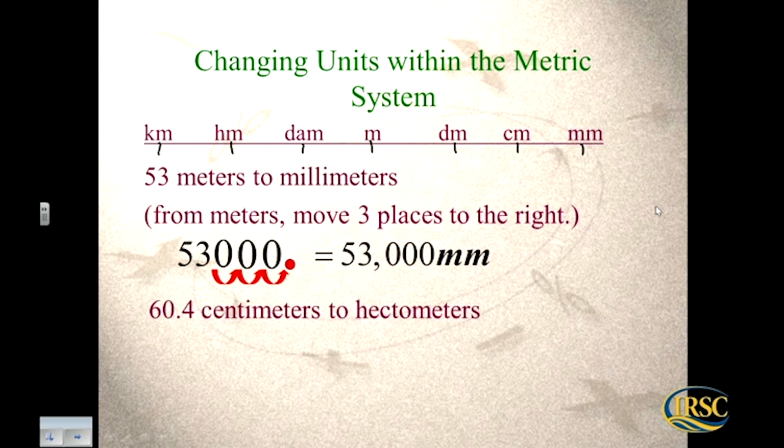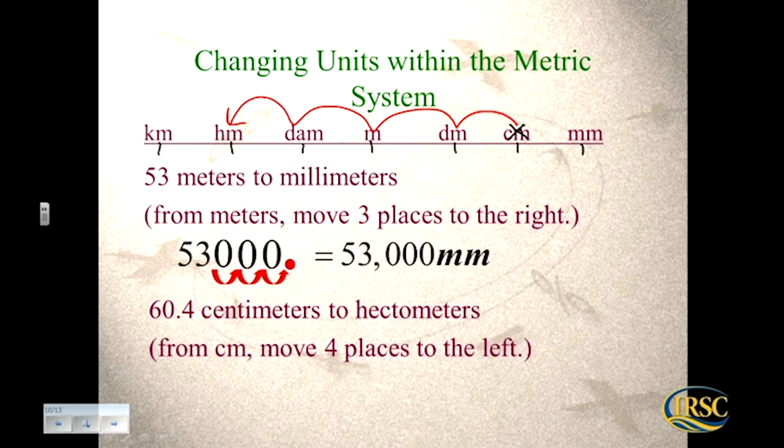Okay, let's say we're doing 60.4 centimeters to hectometers. Okay, so centimeters is right here. Oops, let me start with red. And we're going to hectometers, so that means we're going where? Okay, so from centimeters, I'm going 1, 2, 3, 4 places to the left. So looking at 60.4, we already have a decimal in the number, so start from that decimal.